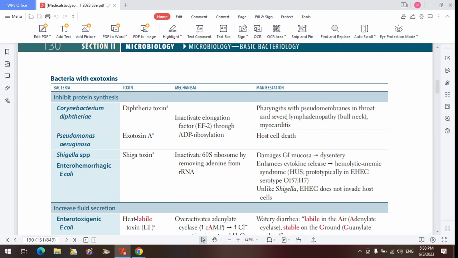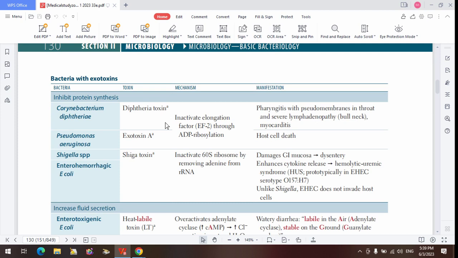The inflammatory response contains inflammatory cells coming around, fibrin from the platelets forming the fibrin clot, as well as the organisms themselves, that aggregate together to form the pseudomembranes. That is characteristic of Corynebacterium diphtheriae infection.